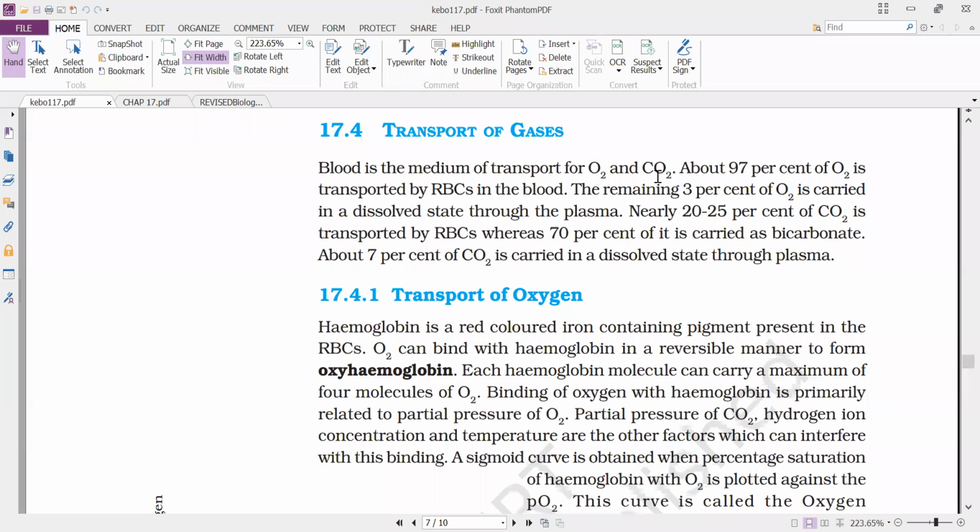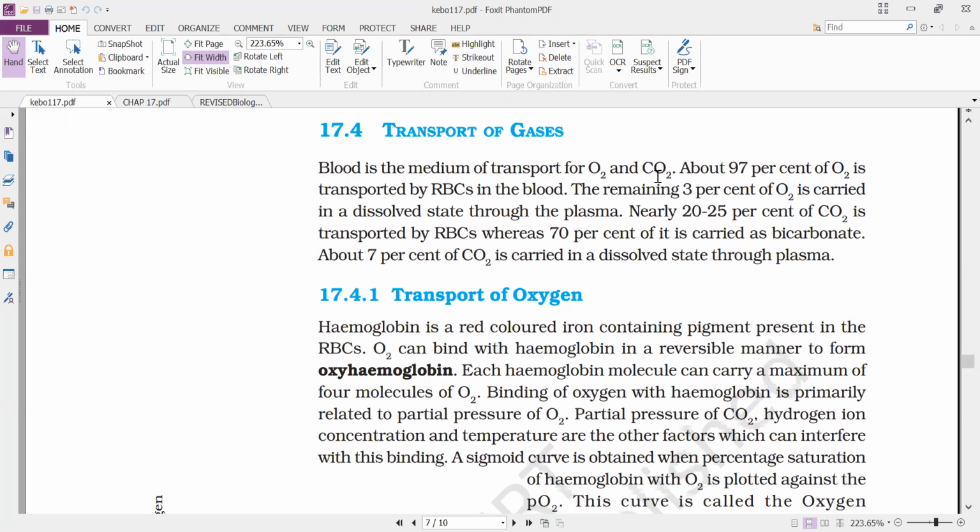And about 7% of carbon dioxide is carried in a dissolved state through plasma. So 20 to 25% of the carbon dioxide is transported through RBC, 70% is transported in the form of bicarbonate, and 7% is transported in dissolved state in plasma.